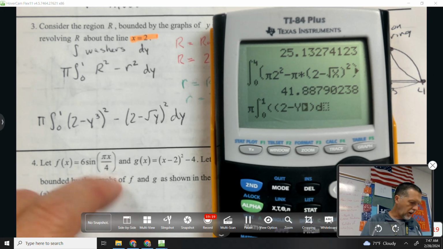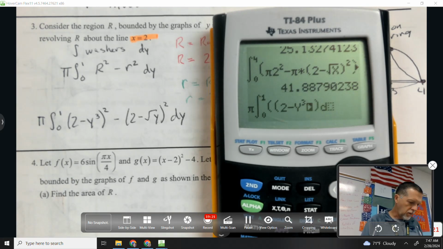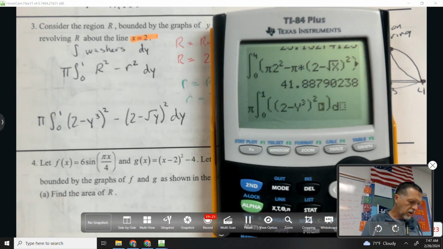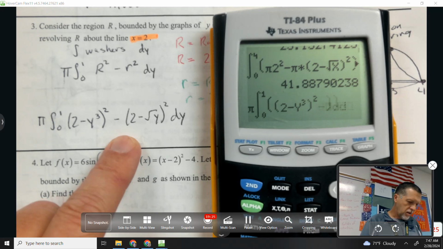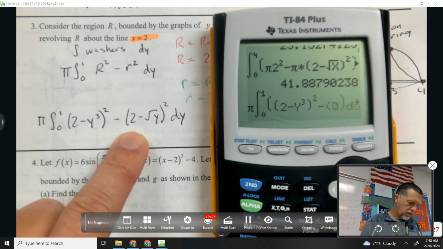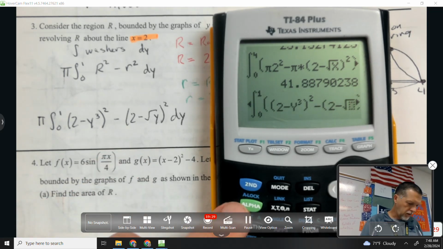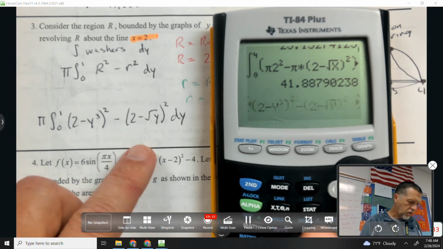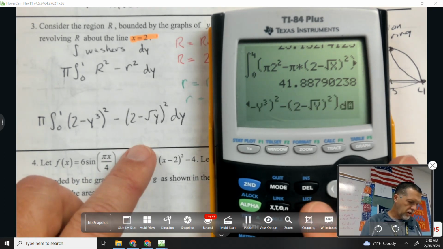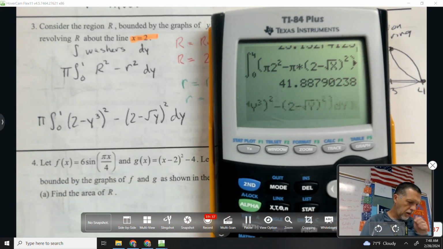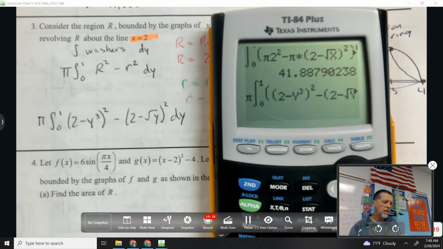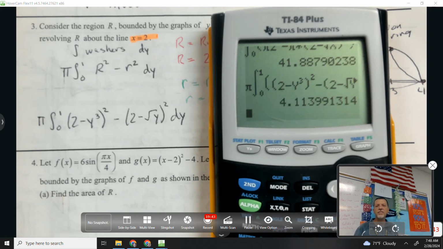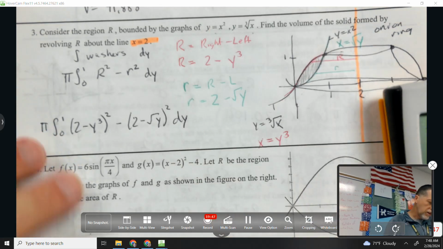That's okay. 2 minus y cubed, squared, minus 2 minus square root of y, squared, dy. That one definitely takes a little bit of thought. 4.114.